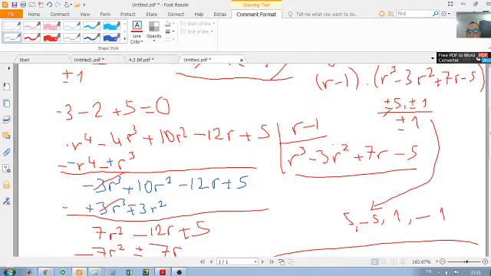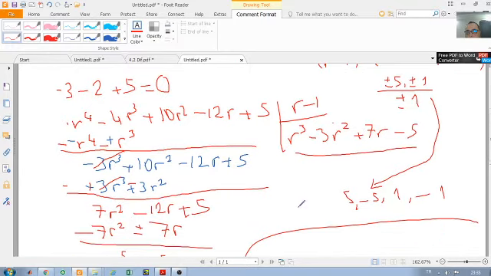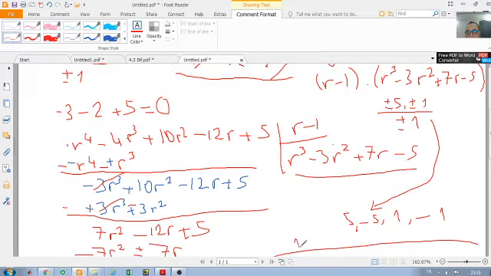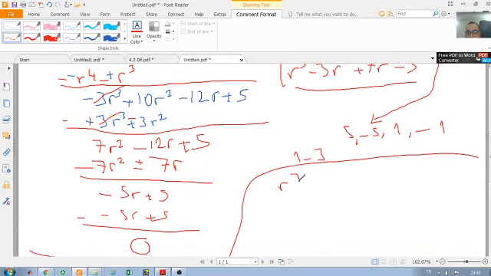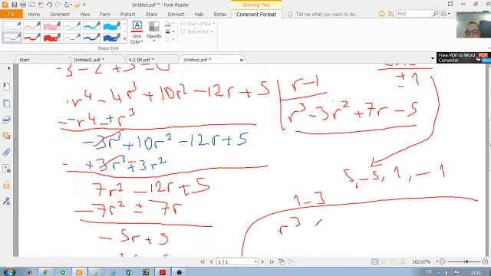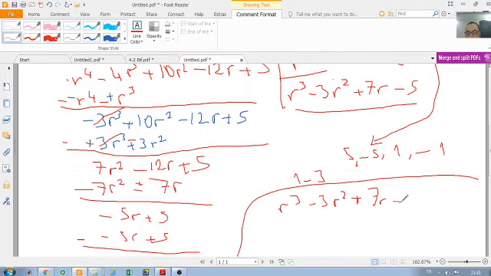Okay. Therefore, let's try the easiest possibility among them, which is 1. Let's write here again the second factor, r cubed minus 3r squared plus 7r minus 5.